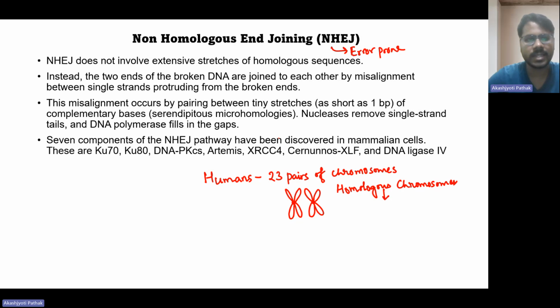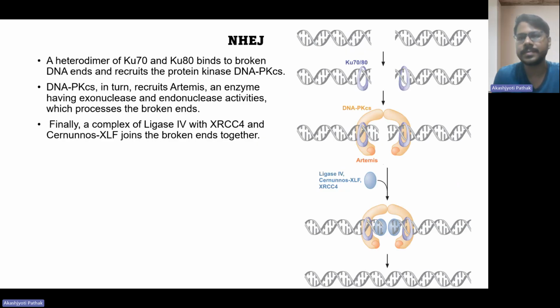Let's understand this through the figure. You see here this is the DNA, and in this DNA a double-stranded break has been introduced, due to some mutagen or UV radiation or any physical agent.